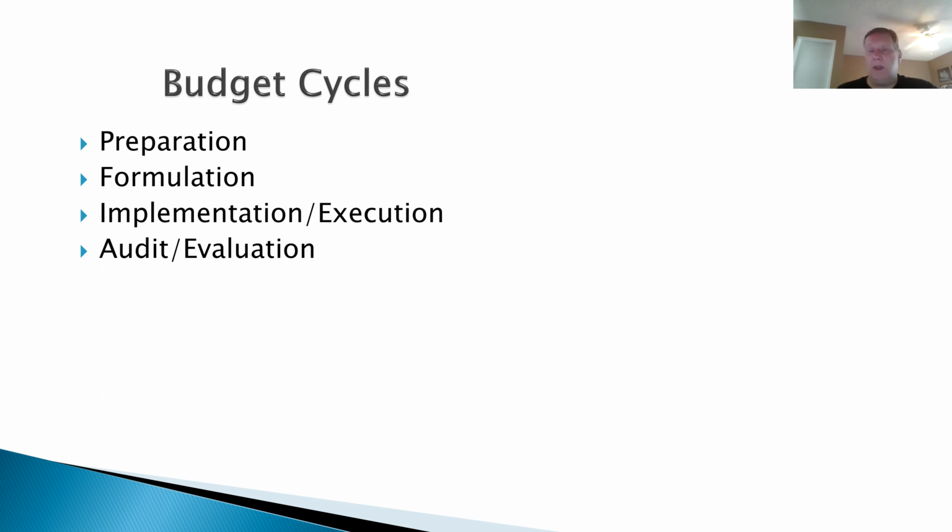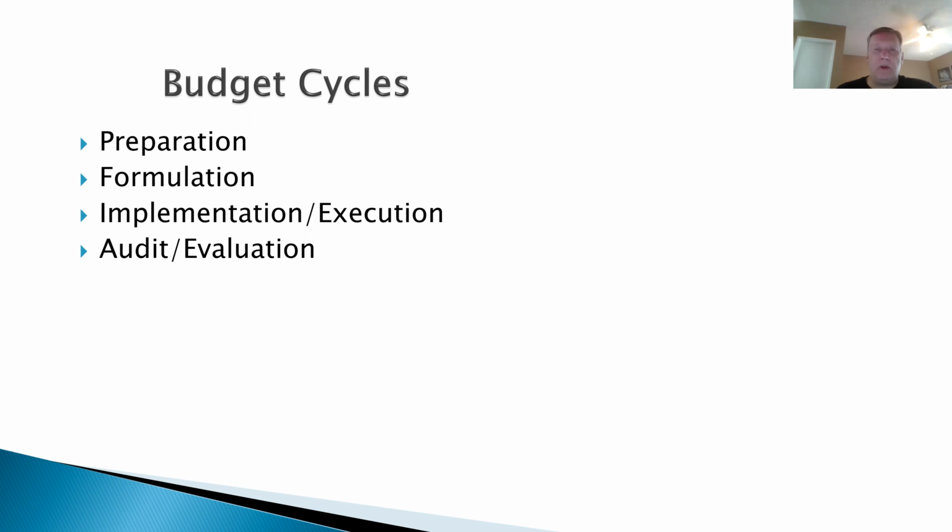At the federal level, the implementation and execution phase will begin on October 1st, because that's the day the federal fiscal year begins. Here in California, for the vast majority of agencies, July 1st is when the fiscal year begins, and that will be the first day of your implementation and execution phase. In that third phase, you are actually executing the budget and spending the appropriations.